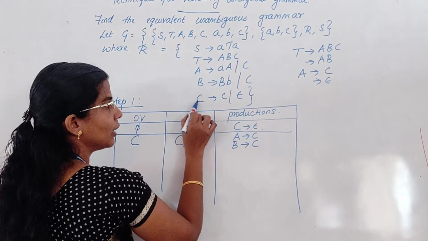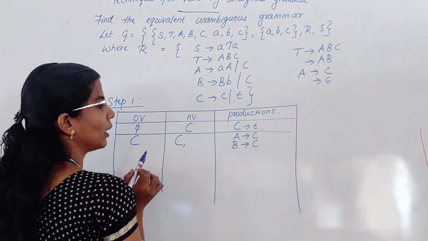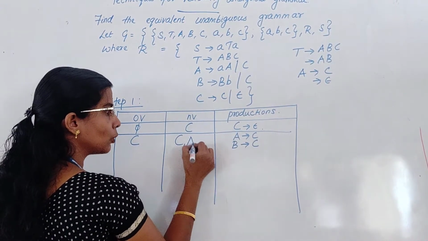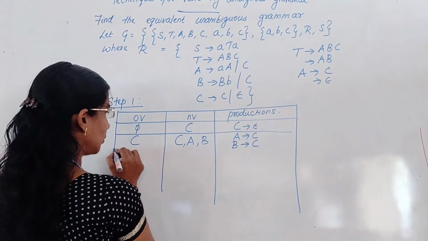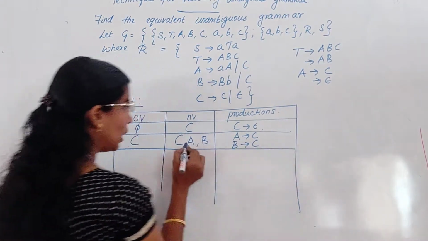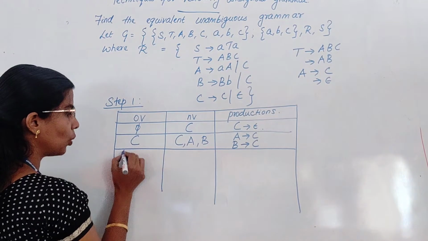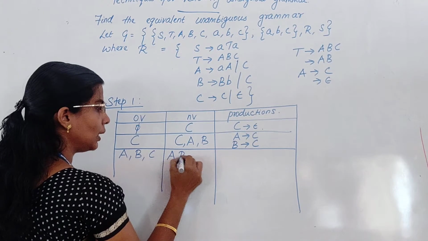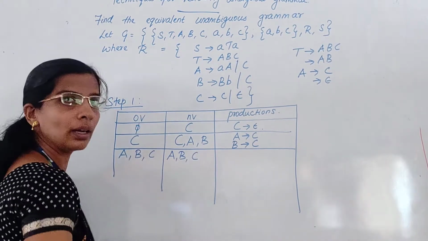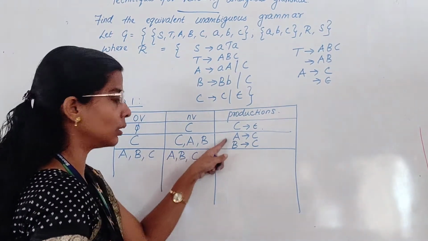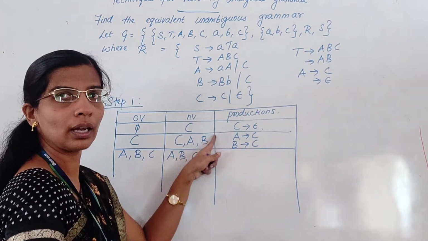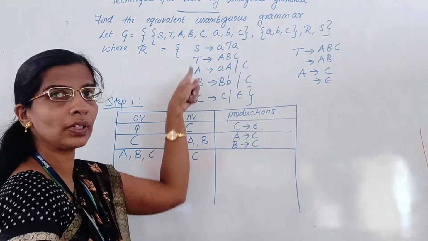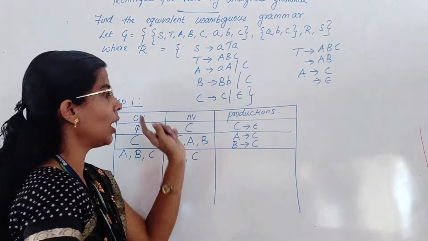Here again it is C tends to epsilon, I have already. And now I got two new variables. Include both A, B. Now copy this new variable to old variable: A, B and C. Now use these productions, substitute them in the other productions and check whether you are getting only epsilon in RHS.